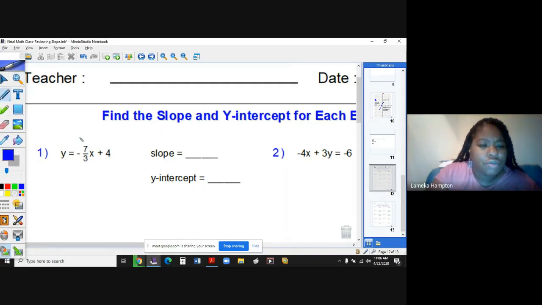Remember, for number one, and this is just an example, this is the slope, and slope is represented by the letter M. And this is your y-intercept, which is represented by the letter B. So slope-intercept formula would be y equals mx plus b.